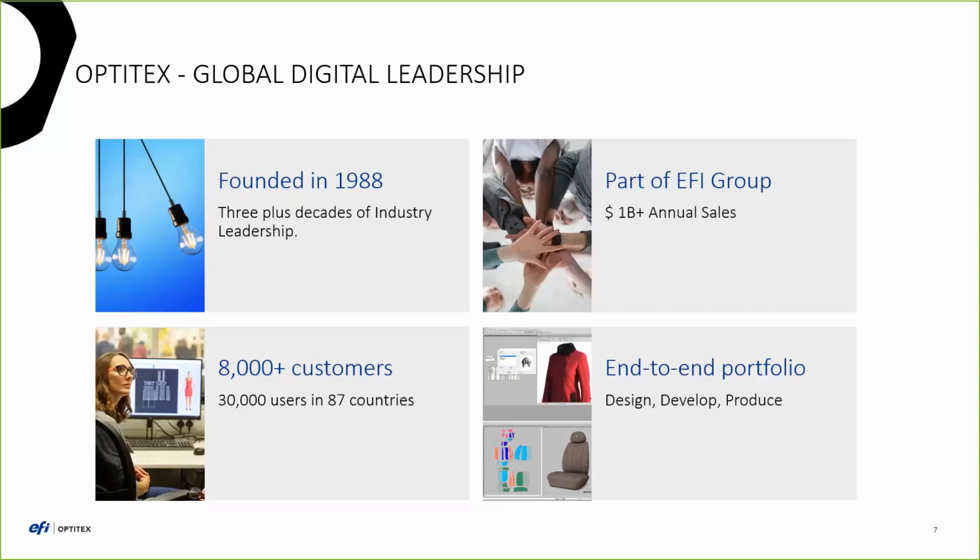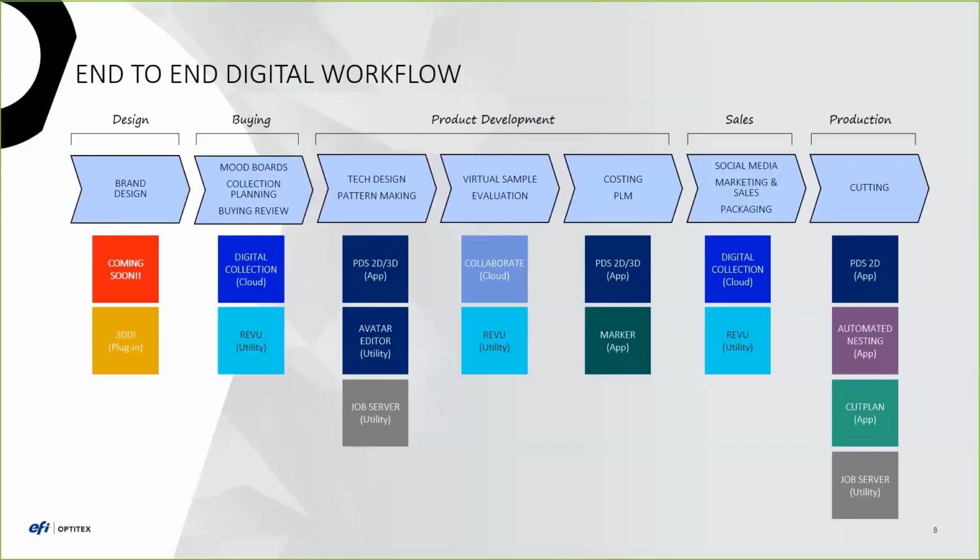And then with our end-to-end portfolio, we have the digital tools to design, develop, and produce in multiple market segments, be it fashion and apparel, bags and accessories, automotive and aerospace, furniture and upholstery, and even display graphics. Within that end-to-end journey, we touch many different departments in a business to help them optimize their process.